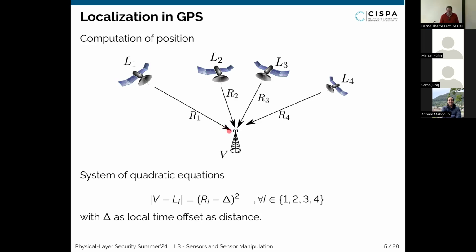From this, the receiver can compute so-called pseudo distances. Based on time of arrival and the known source, the receiver can compute how long it took for the signal to arrive at my current location, because it knows it was, let's say, sent at 1 o'clock and it arrived at my location at 2 o'clock, in a very exaggerated way.